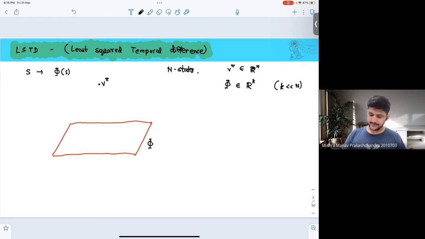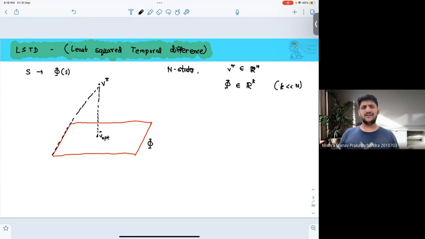So if this represents the vector for my value function v of pi, I can define my projection as this quantity over here, which we'll call v optimal, v opt.